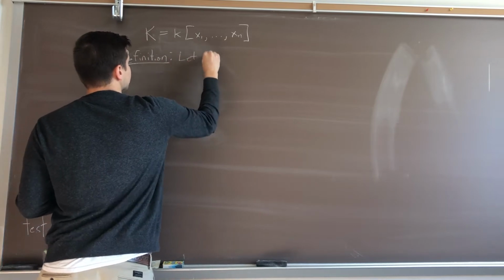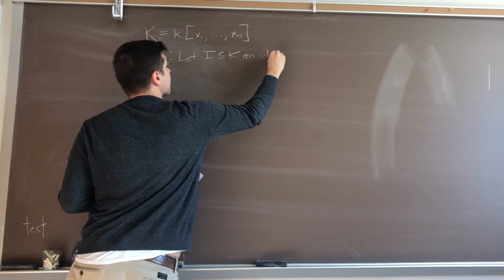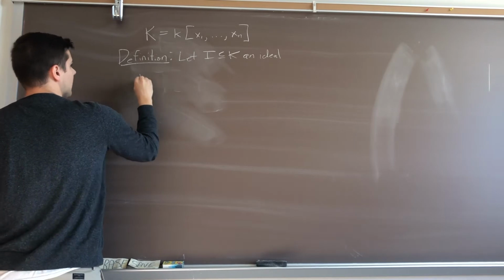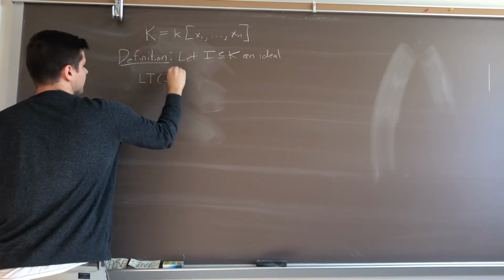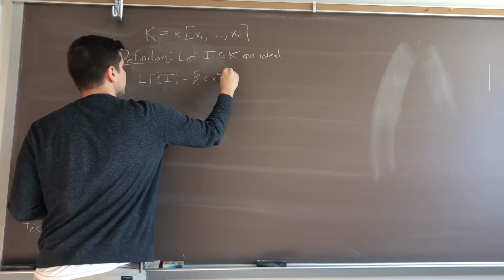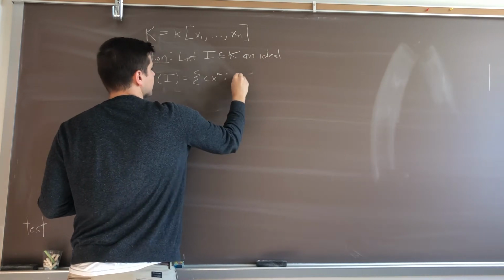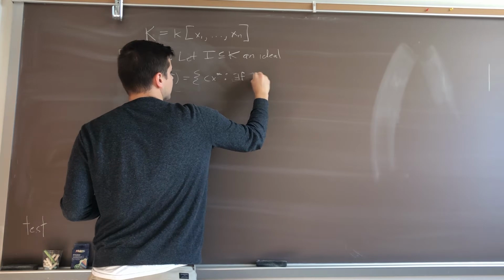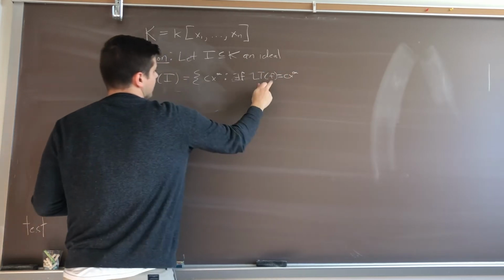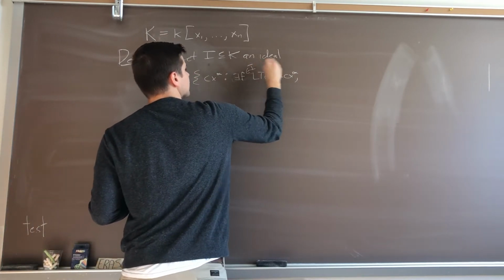So if we let I be any ideal in K, then we call this set, LT of I, the leading terms of I, the set of c x to the alpha such that there exists an f in I with leading term of f equal to c x to the alpha.